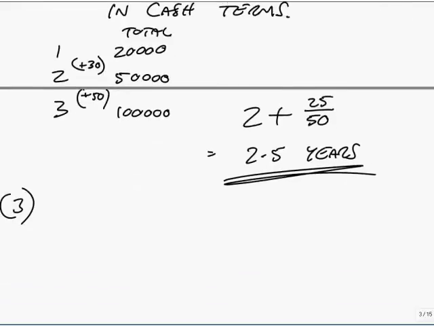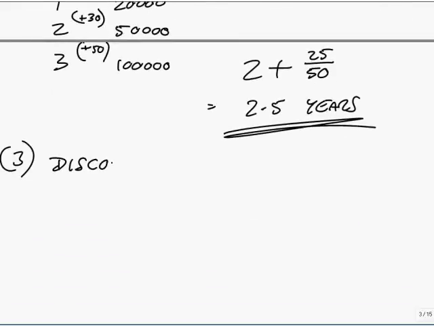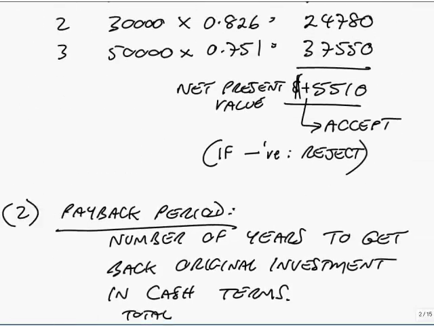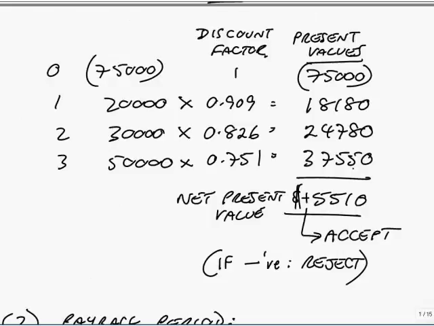The discounted payback period is exactly the same idea, but instead of using the actual cash flows, you do exactly the same thing on the present values. So you're paying out 75. How long does it take in present values to get back 75? Are we clear? Because it is exactly the same idea, can you do it? If you've already done it, be patient for a second.